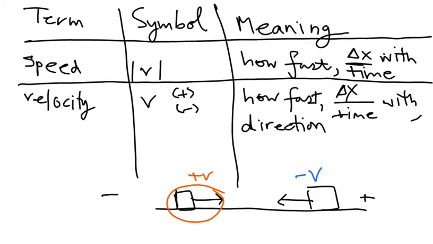Not right this minute, but in a couple weeks, we're going to start talking about when it's not just to the right or to the left, positive or negative, but if your velocity is up at an angle, or up at a different angle, down at an angle. So velocity includes direction.